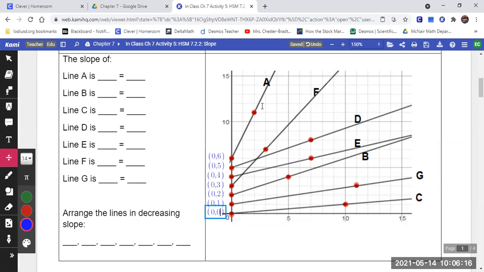Someone had told me that this A up here is 2, 11. Thank you. Anybody want to give me a point that's on one of the other lines?